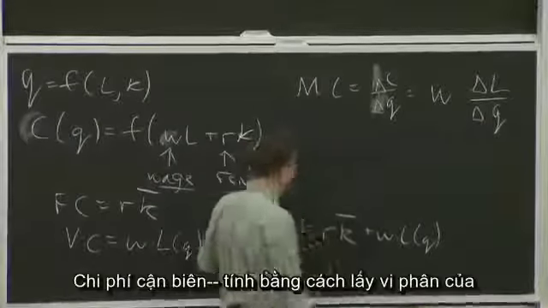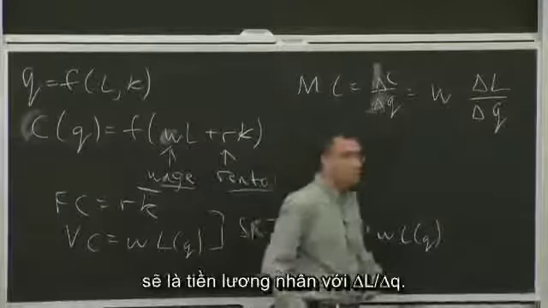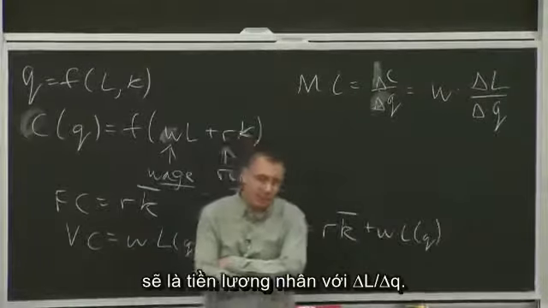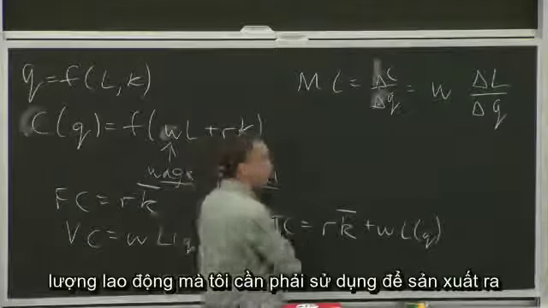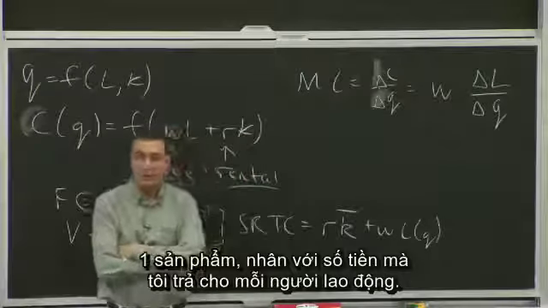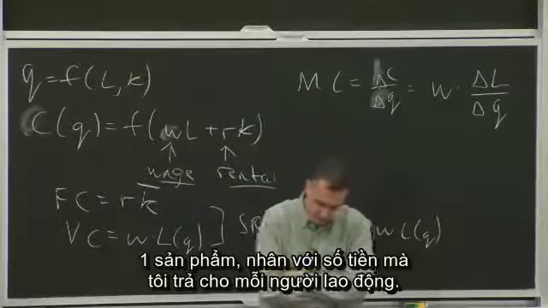So the marginal cost of producing the next unit is how much labor I have to use to produce the next unit times the wage I pay per unit of labor.